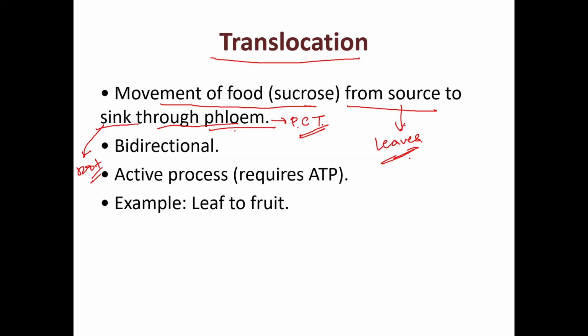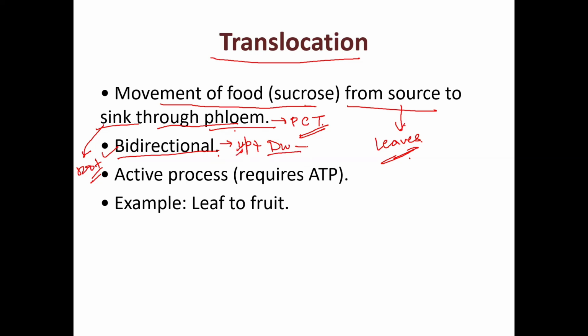Yes, we already talked about this in earlier classes. Translocation always happens bidirectionally. Why? It always flows upward plus downward. In the upward direction, it sends the food to developing flowers, new stems, new leaves.